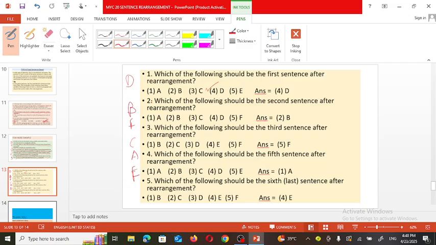So for the second, B is the correct option, means number 2. Here for the third one, F is the correct answer. Where is F? At the fifth place.